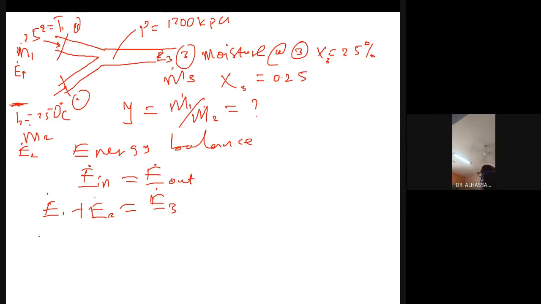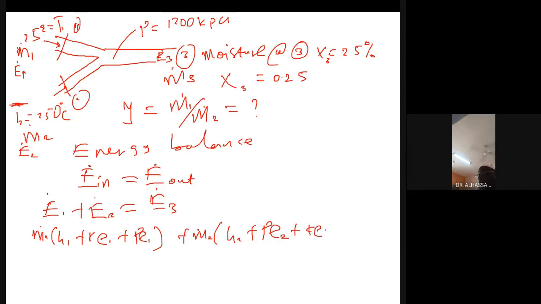So what is E1? E1 is mass flow rate M1 times H1 plus kinetic energy KE1 plus potential energy P1, plus M2 times H2 plus potential energy P2 plus kinetic energy KE2.